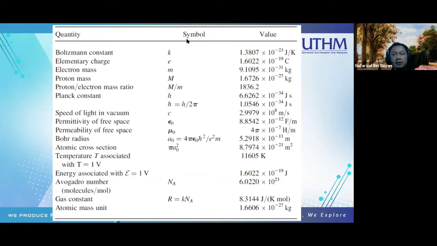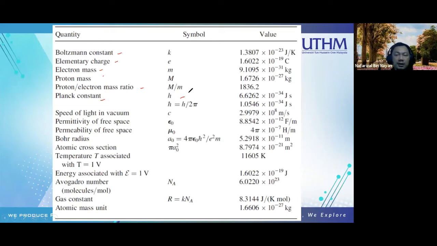For example, you can see we have the Boltzmann's constant here. I think most of you guys know about it. The electron charge over here, the electron mass, the proton mass, the mass ratio, the Planck constant h here.